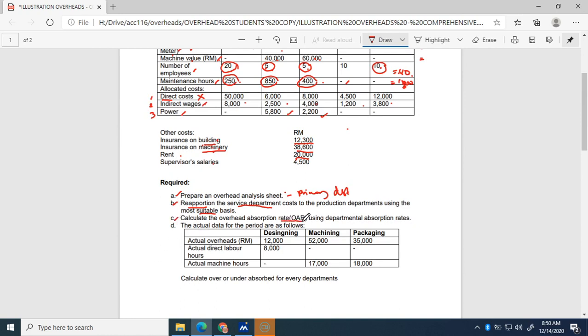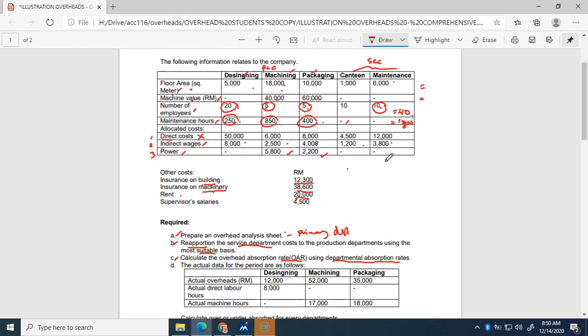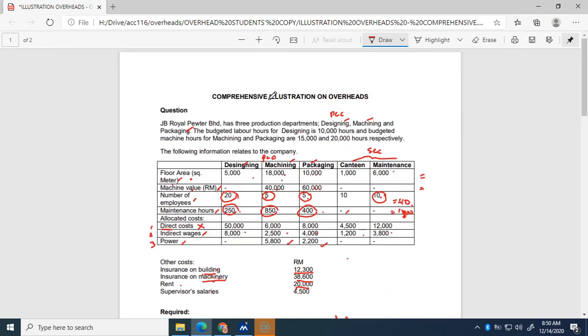Calculate OAR using departmental absorption rate. How to calculate OAR? We have three production cost center departments: Designing, Machining, and Packaging. So what are the most appropriate bases? It's given in this paragraph. For designing, we use direct labor hours, 10,000.